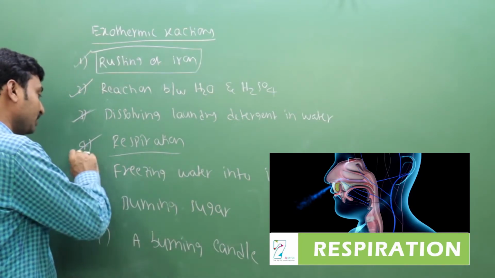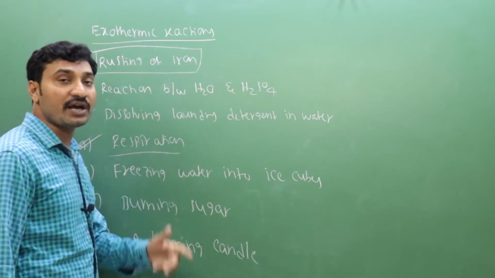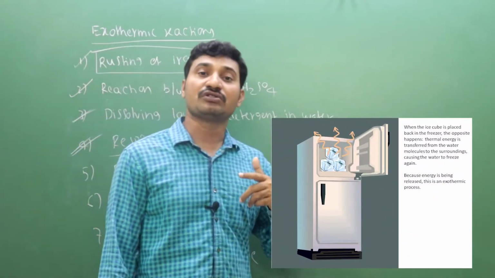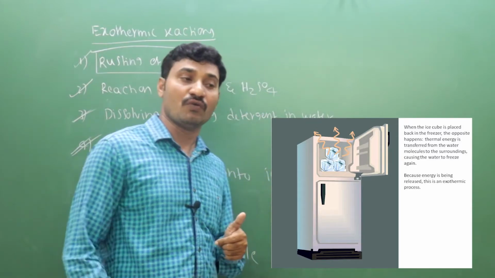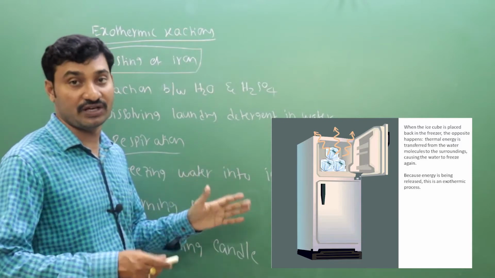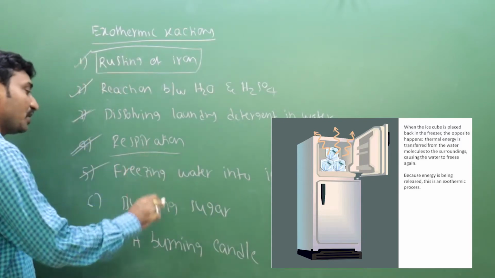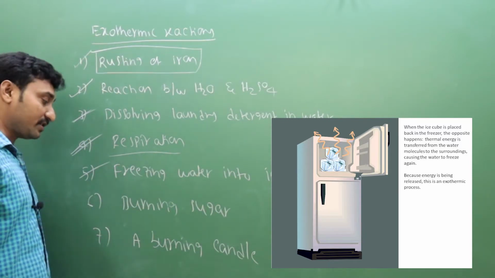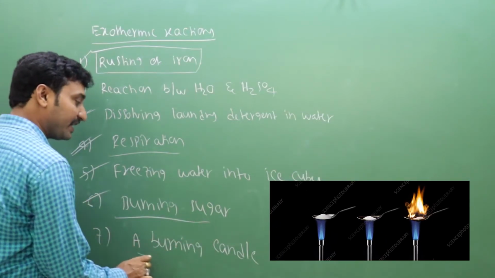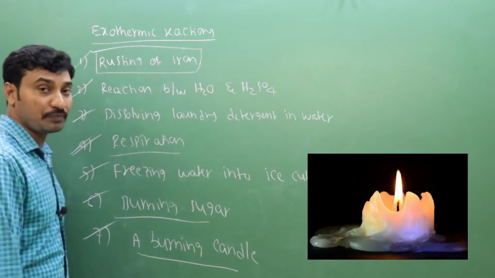Energy is evolved. Next one, freezing water into ice cubes is also an exothermic process. When water freezes into ice cubes, some heat is evolved. So that is also an example of an exothermic reaction. Burning sugar, heat is evolved. A burning candle is also an exothermic process.